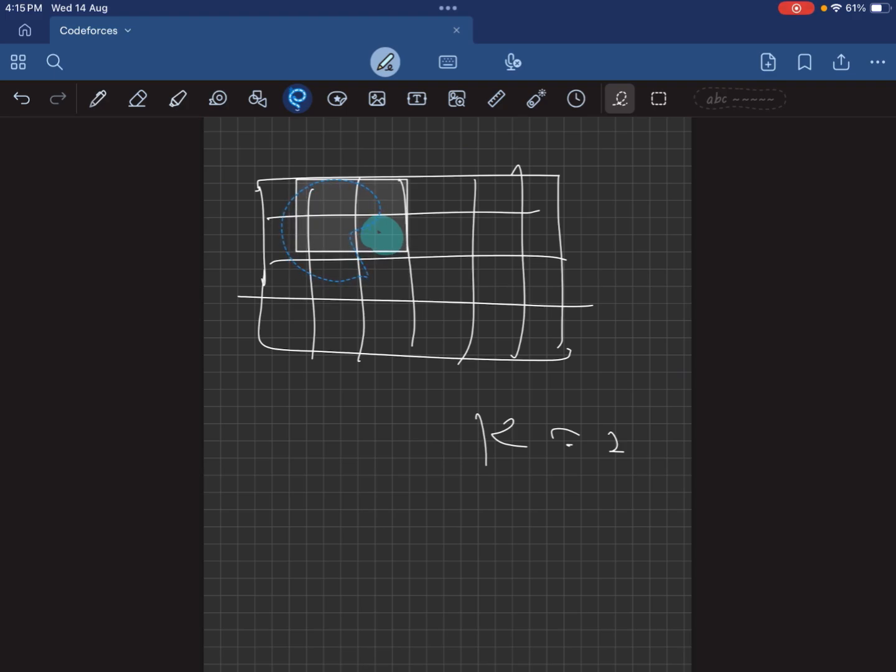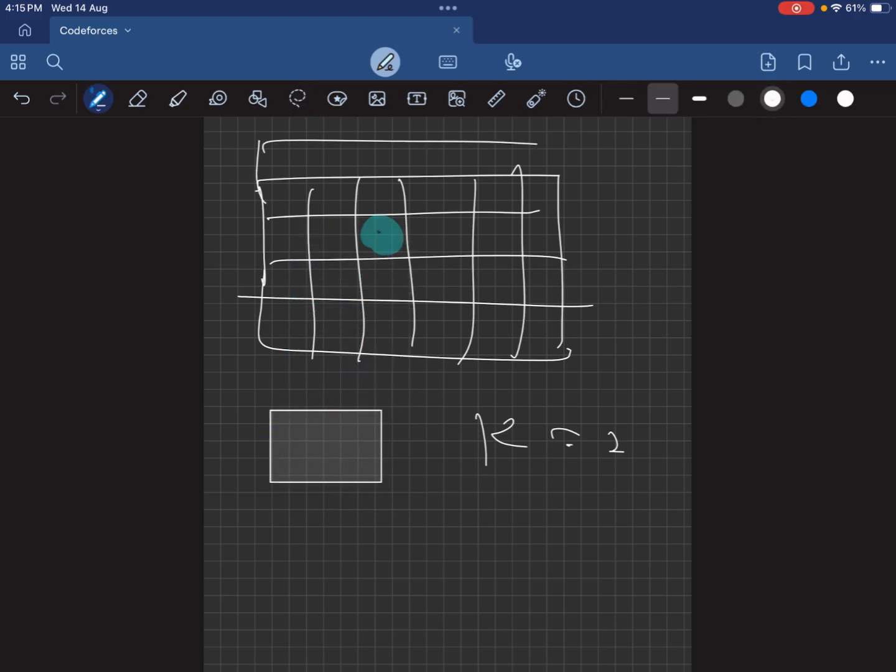This is the first subgrid it will be a part of, and now let's slide the subgrid down. If the k was 3 and the grid was bigger, let me draw a bigger rectangle.